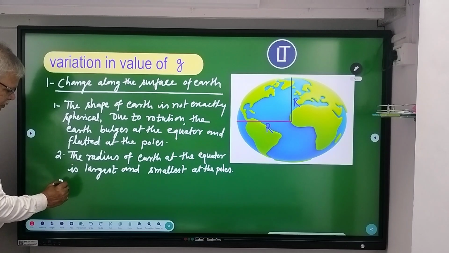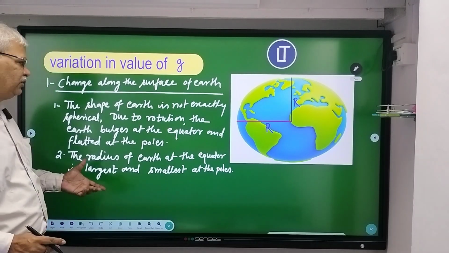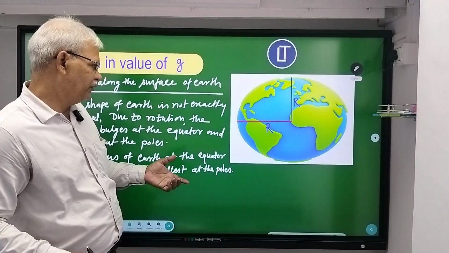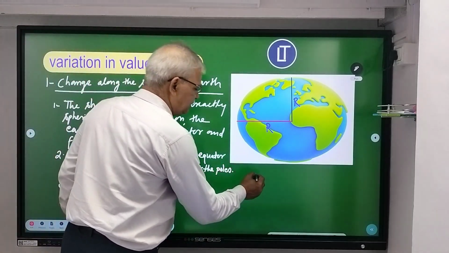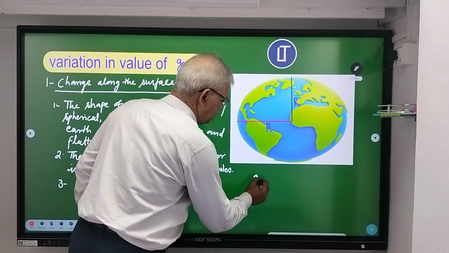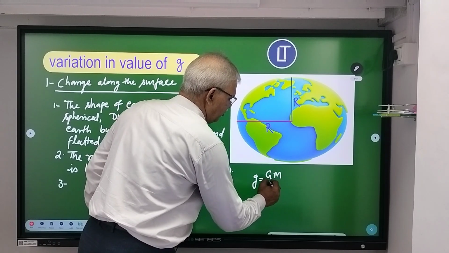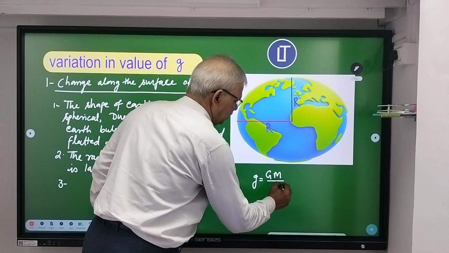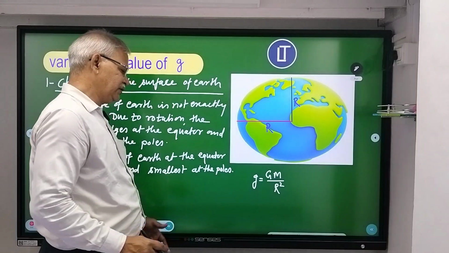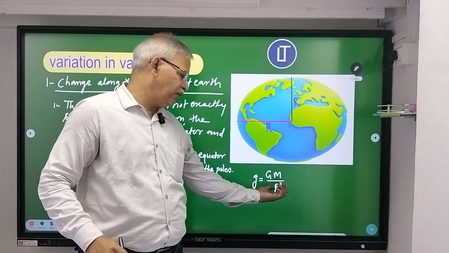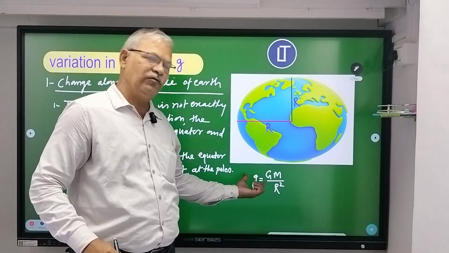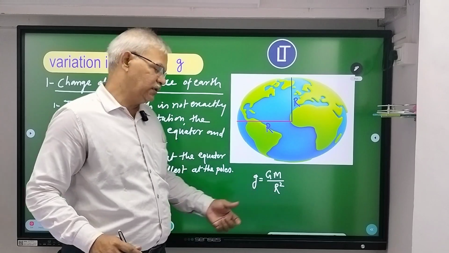See here, in the equation, G is equal to capital G M upon R square. Now see here, as the value of R will increase, the value of G will decrease.